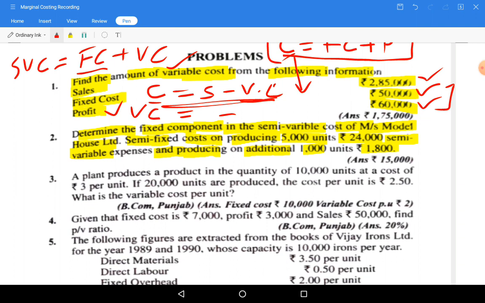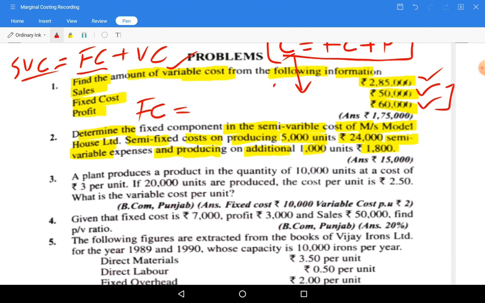From semi variable cost, if we deduct the variable cost, we will get fixed cost. So the formula will be: fixed cost is equal to semi variable cost, you can also say total cost, minus variable cost. How has this become so? This variable cost is going to the other side of the equals sign.